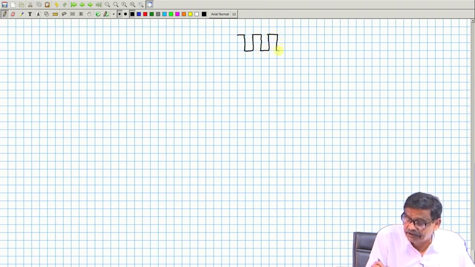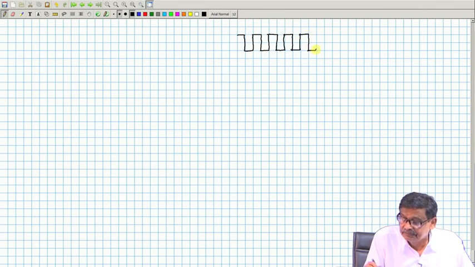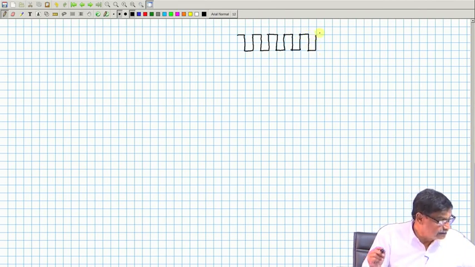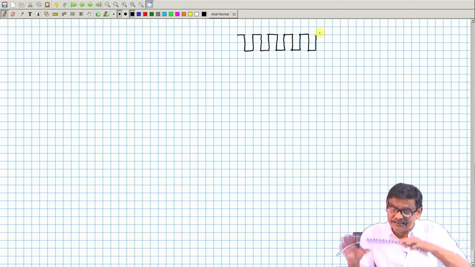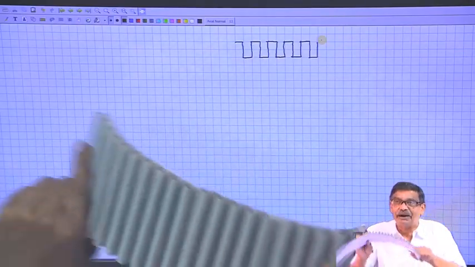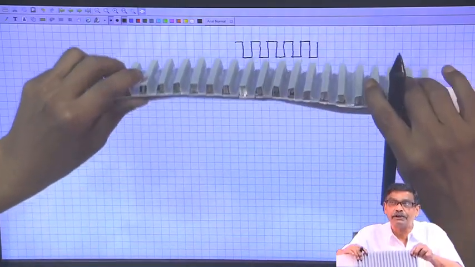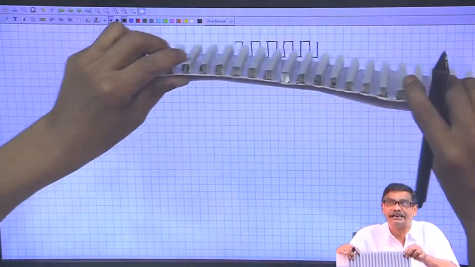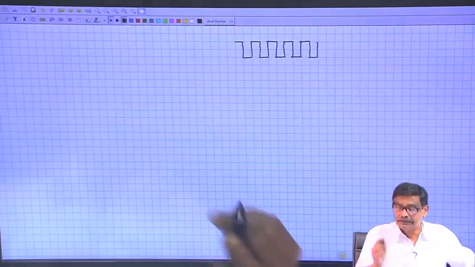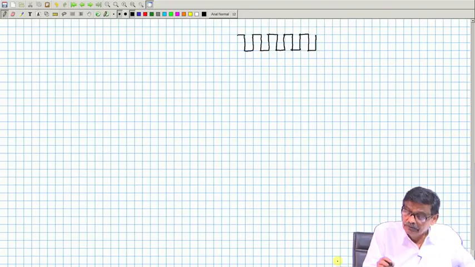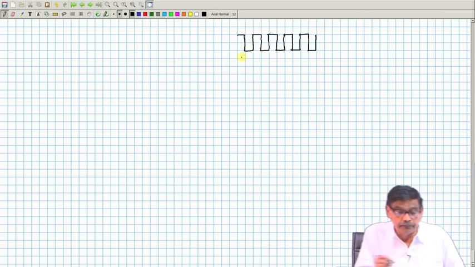This is the rotor periphery. Developed diagram means this circular diagram, you have unwound it and you are showing it. This is perpendicular to the board. Hope you have understood.